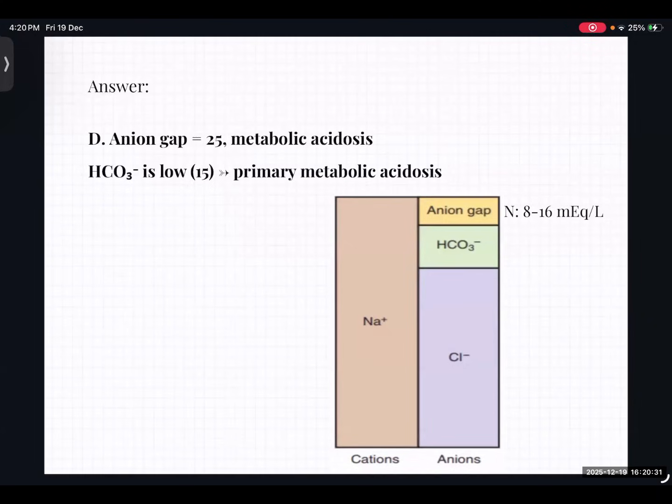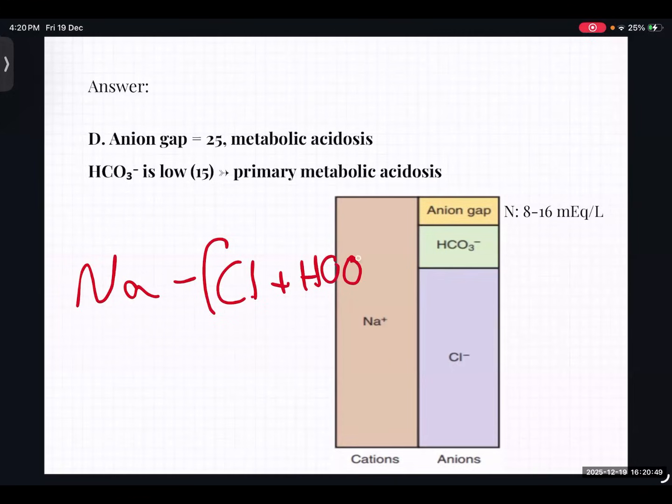Briefly, to discuss this, the anion gap is the difference between sodium, chloride, and bicarbonate. So the formula here is sodium minus chloride plus bicarbonate.